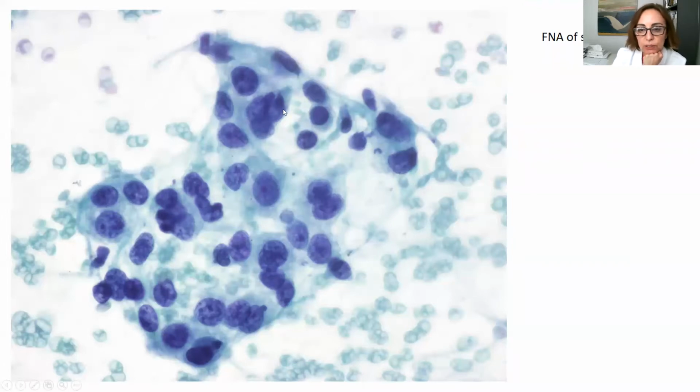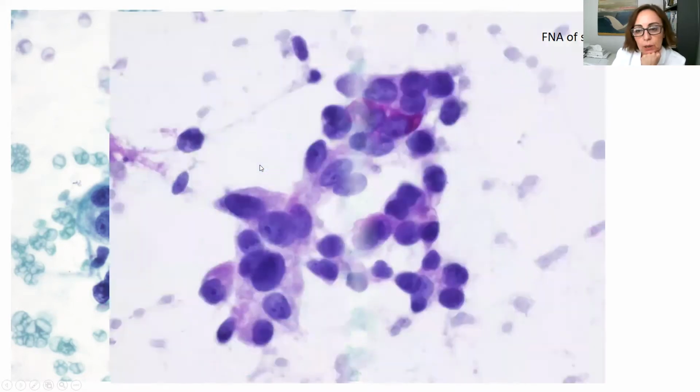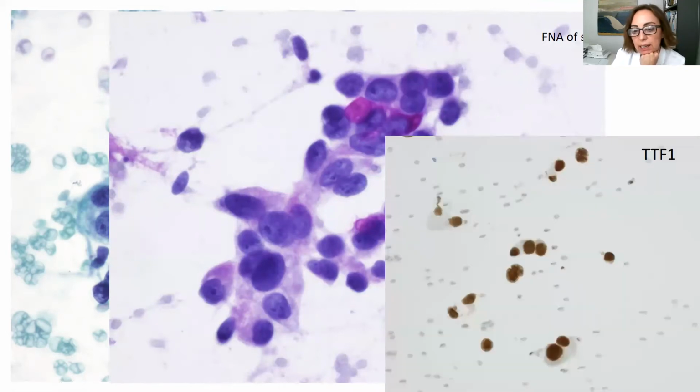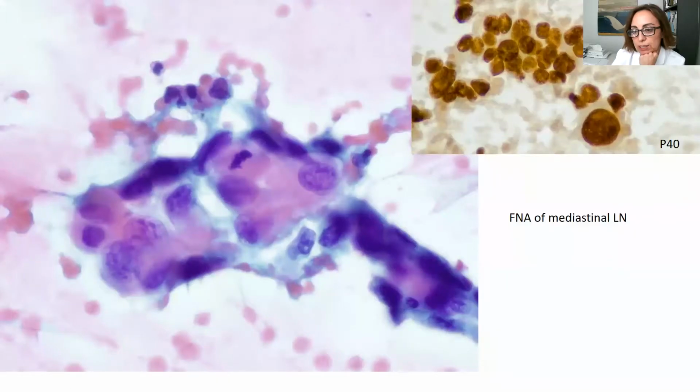I'm not sure if just with this picture any of you are able to guess an origin of the tumor. We made a PAS because in Papanicolaou we can see some vacuoles. The vacuoles are positive, so the tumor has mucin in it. And with TTF1, there is a nice nuclear positivity, so the origin of the tumor is the lung.